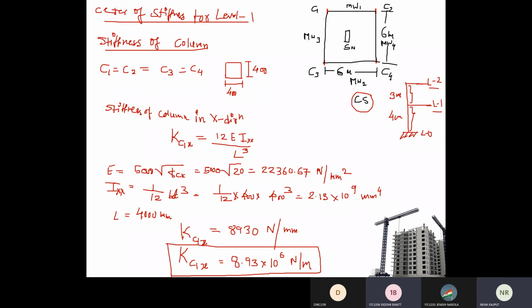Okay, so this is my stiffness of C1 column in X direction. Now all your 4 columns have the same dimension, so you can directly write KC1X equal to KC2X equal to KC3X equal to KC4X is equal to 8.93 into 10 raised to 6 Newton per meter.